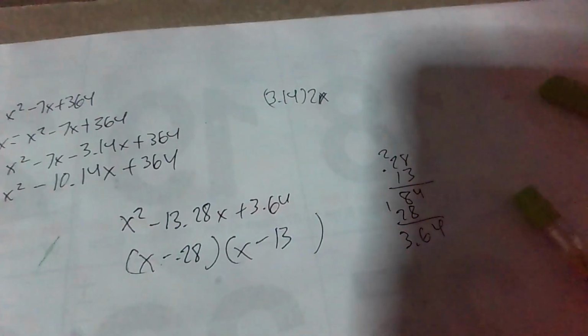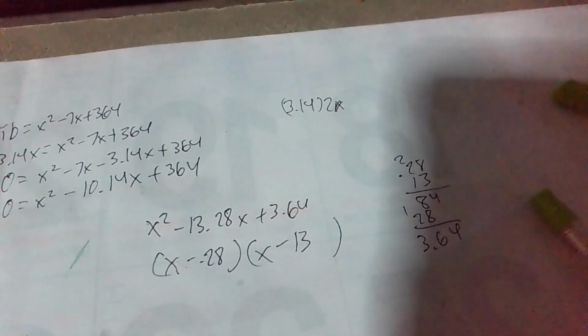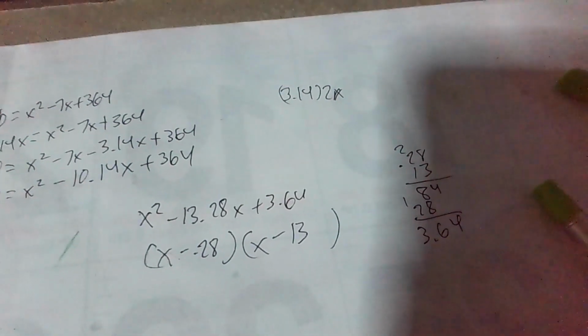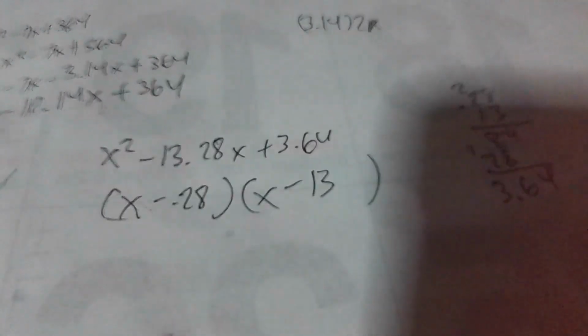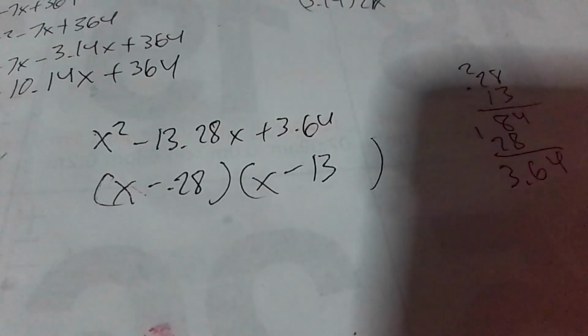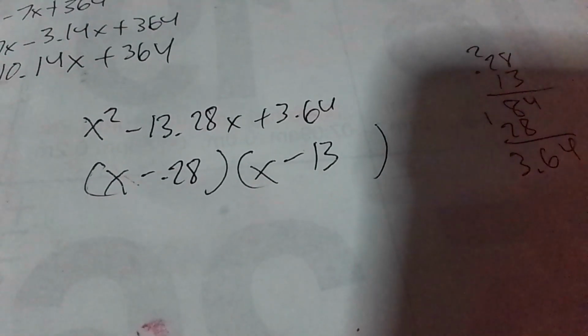And then when we add this up together, negative x times 0.28 is negative 0.28x. The negative 13x, then combine like terms, we should get negative 13.28x. That's the answer we're looking for. Alright?